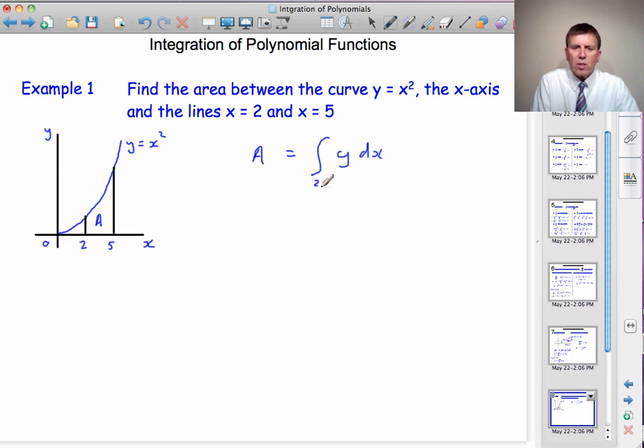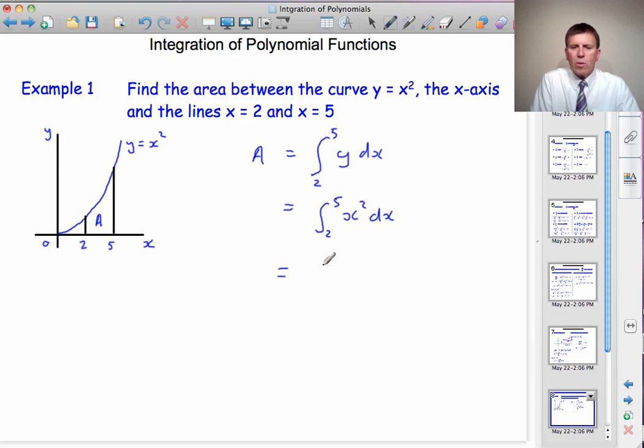But we put limits on it. We integrate it from 2 to 5, between x is 2 and x is 5. And I can rewrite this as the integral from 2 to 5. I'm going to express y in terms of x. Well, y is x squared. So it's simply the integral of the curve function expressed in terms of x.